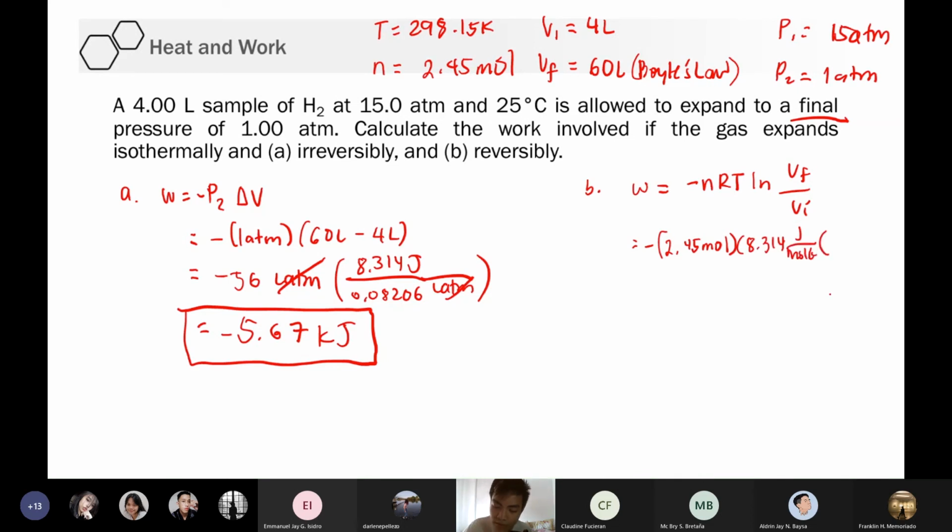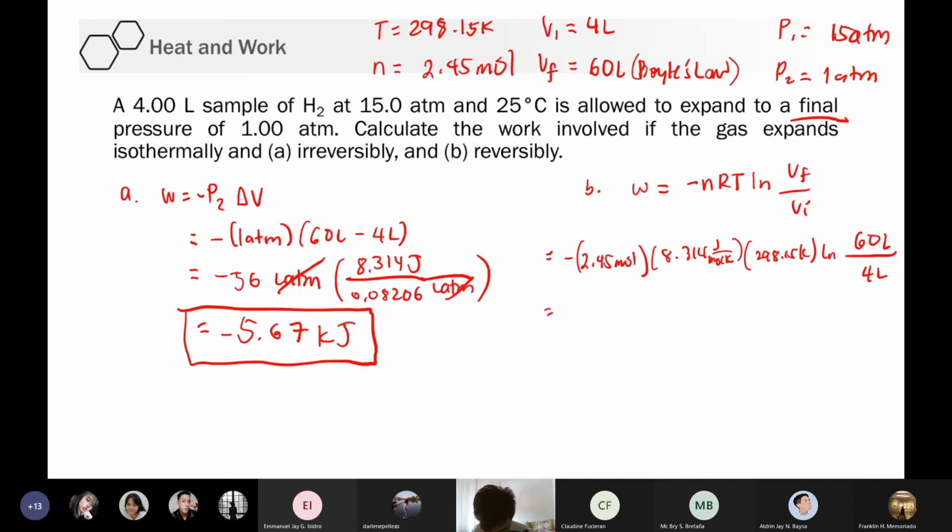Okay, plug in negative 2.45 mole times R, 8.314 joule per mole Kelvin. Temperature, 298.15 Kelvin. ln, final volume is 60, initial volume is 4 liters.